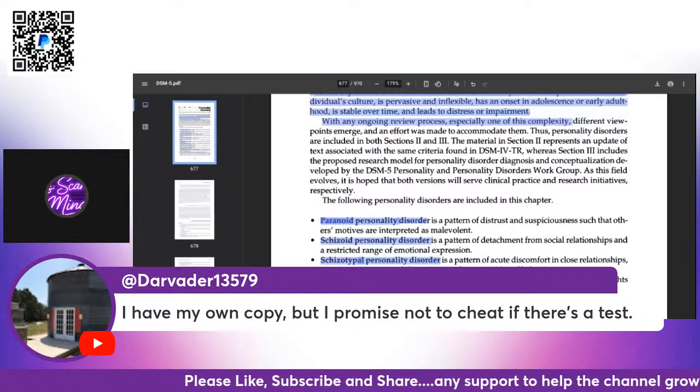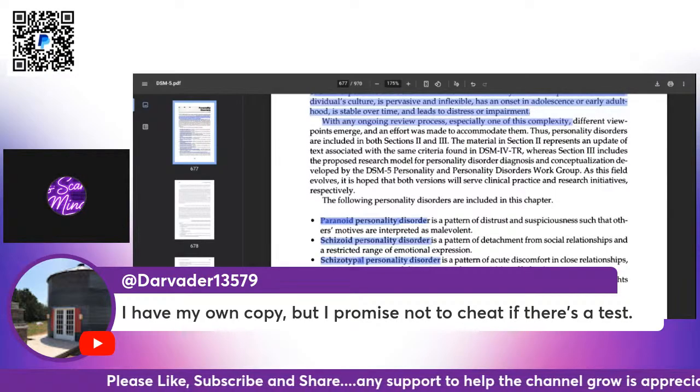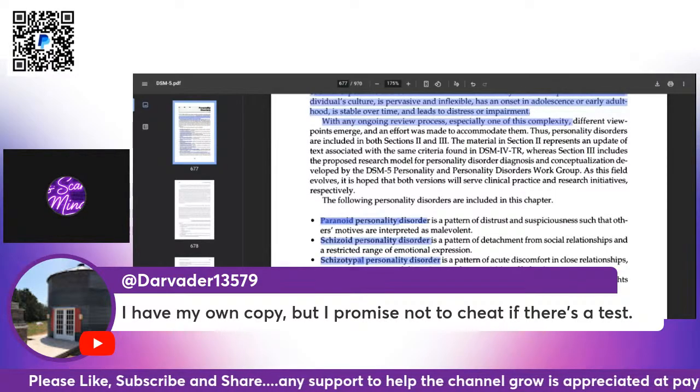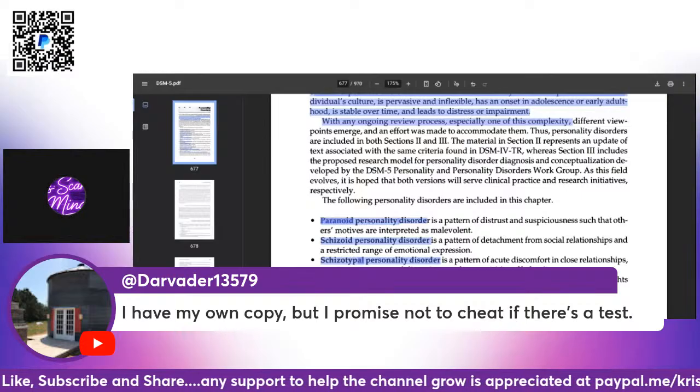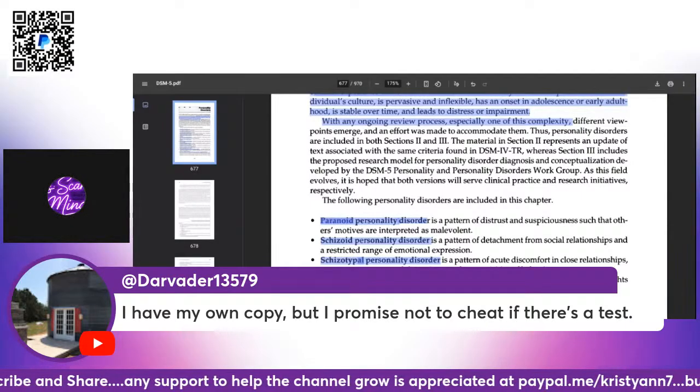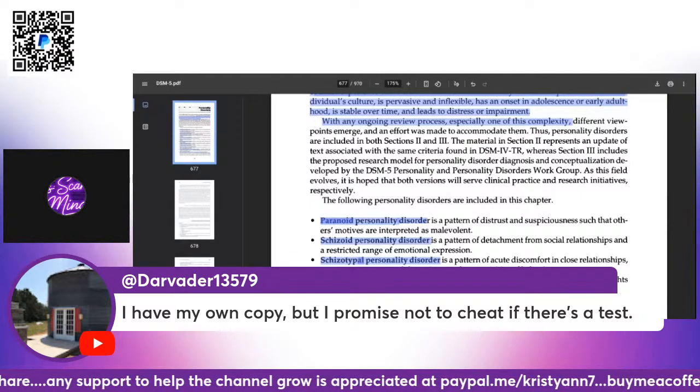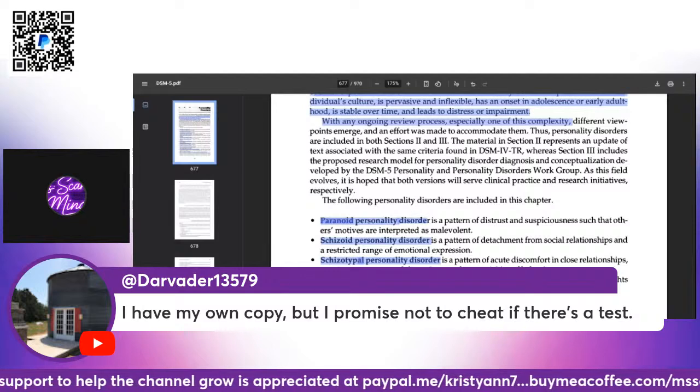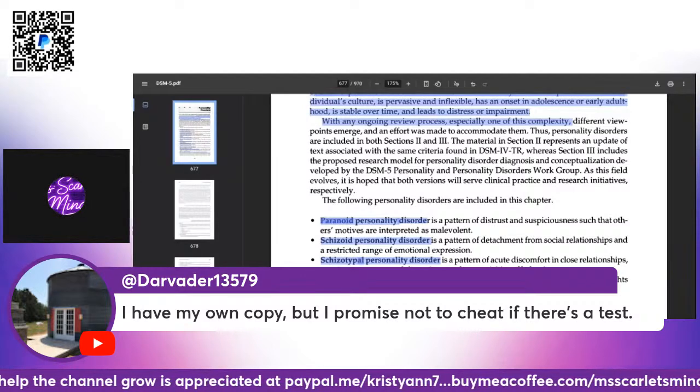Now, if you're familiar with the DSM-4 at all and the difference between the DSM-4 and the DSM-5, maybe I will cover that another day, but I'm not going to do that tonight. This is specifically for personality disorders.